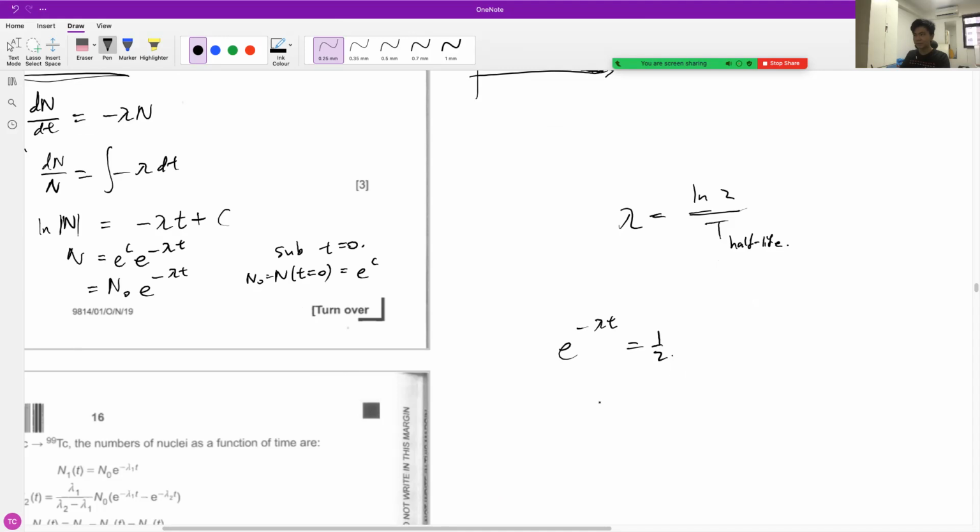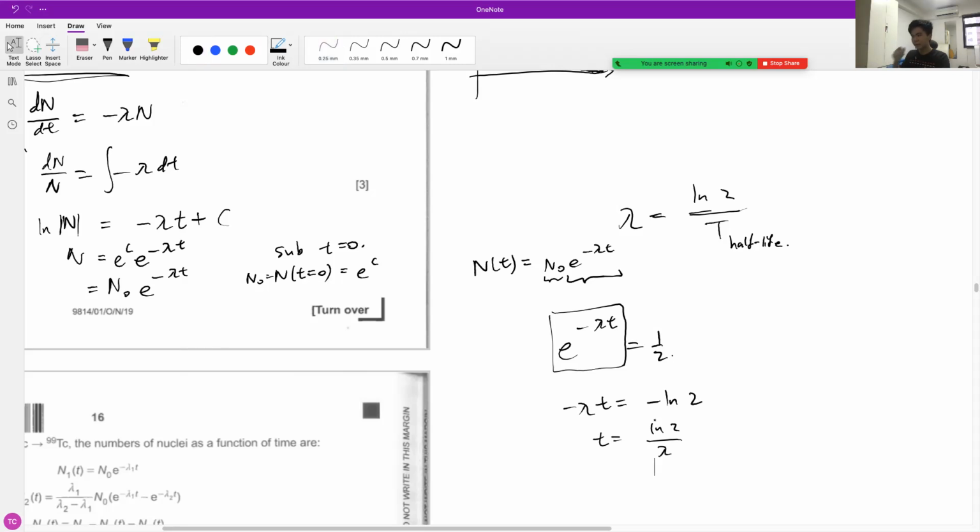It's equal to half when, you take ln on both sides. So this is the factor that reduces the initial population when you have n of t equals n naught e to the power minus lambda t. So when it reduces by half, how much time has passed? To calculate that, this will be minus ln 2, and hence you have t equals ln 2 over lambda.